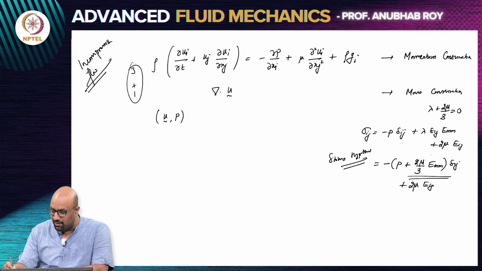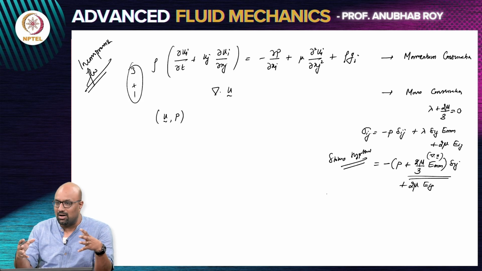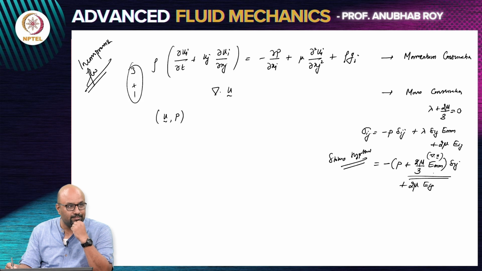So, the isotropic part will have something that will depend on del dot u, a dilatation component. Divergence of u, you can also refer to it as a dilatation component, that is, does it expand out or compress in. So, that is going to lead to an isotropic stress. If the fluid could just isotropically expand out, then you would have a corresponding contribution that would arise in the problem.